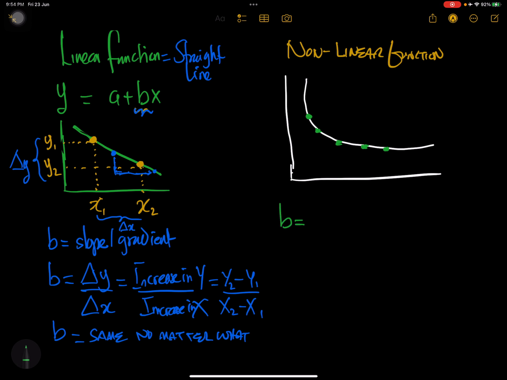The b, which is the change in y over the change in x, will be different. It's not going to be the same as for the linear function.